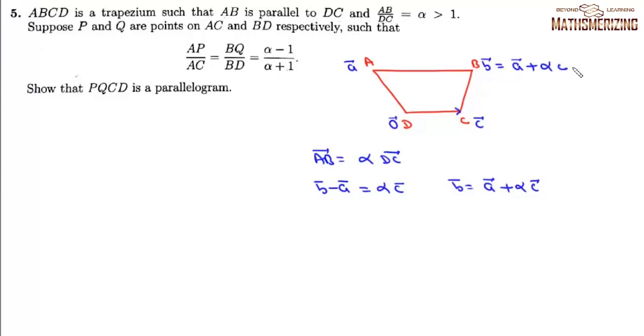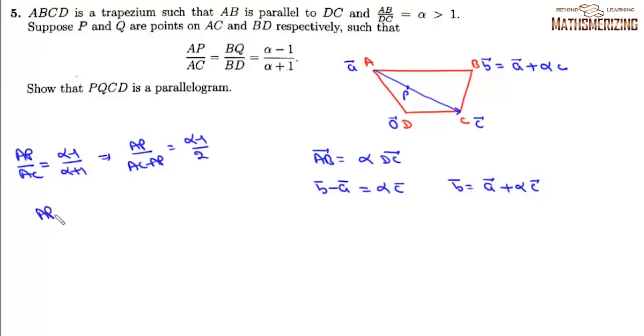Now it says that we have a point P on AC such that AP upon AC is alpha minus 1 upon alpha plus 1. From here we can say that AP upon AC minus AP will be equal to alpha minus 1 upon 2. That is AP upon PC is alpha minus 1 upon 2.